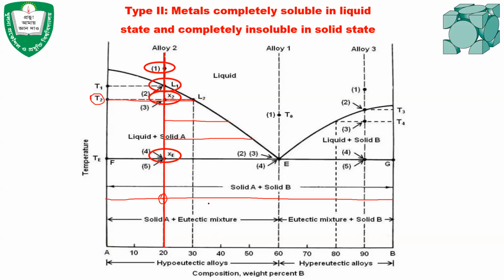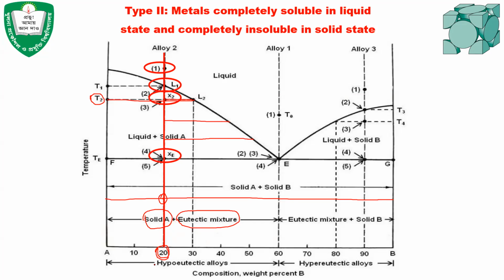That means solid A and solid B are not mixed together in the solid state. They are separate, but there will be two phases present in here. One phase is solid A and another phase is the eutectic mixture. Do you understand? There will be two phases, but in terms of chemical composition, solid A and solid B stay separately, and the overall chemical composition is the chemical composition of the alloy.